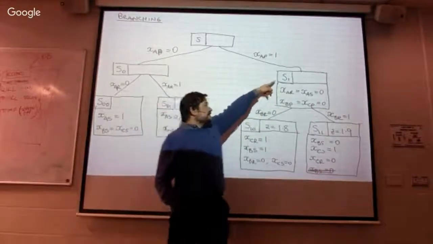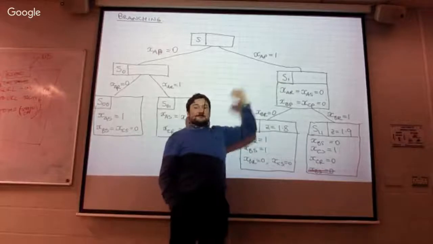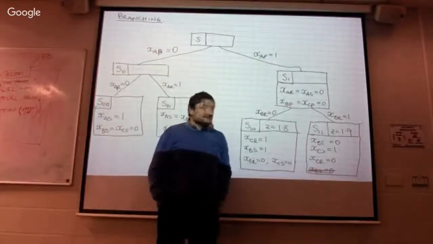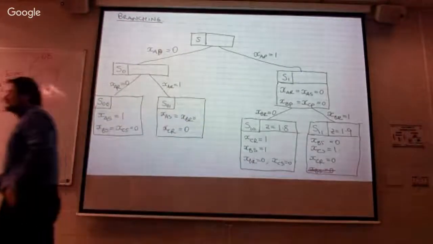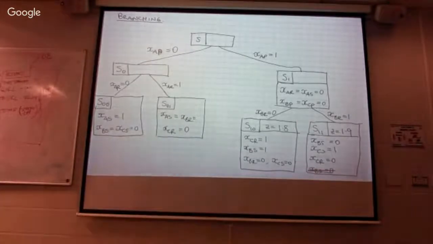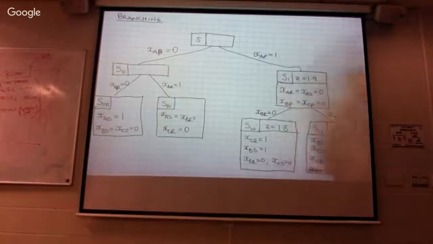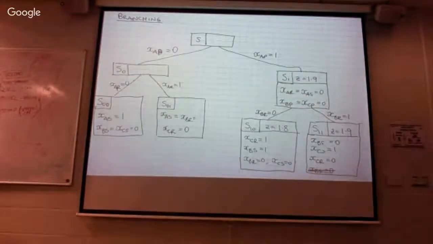So what is the best solution for this problem? 1.9? Yes. So the best solution here has value 1.9 because it's the right one. Right?